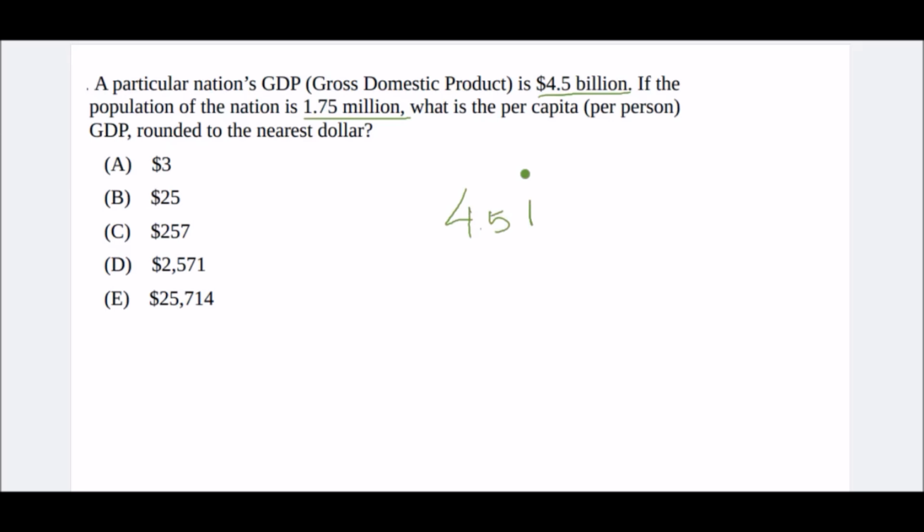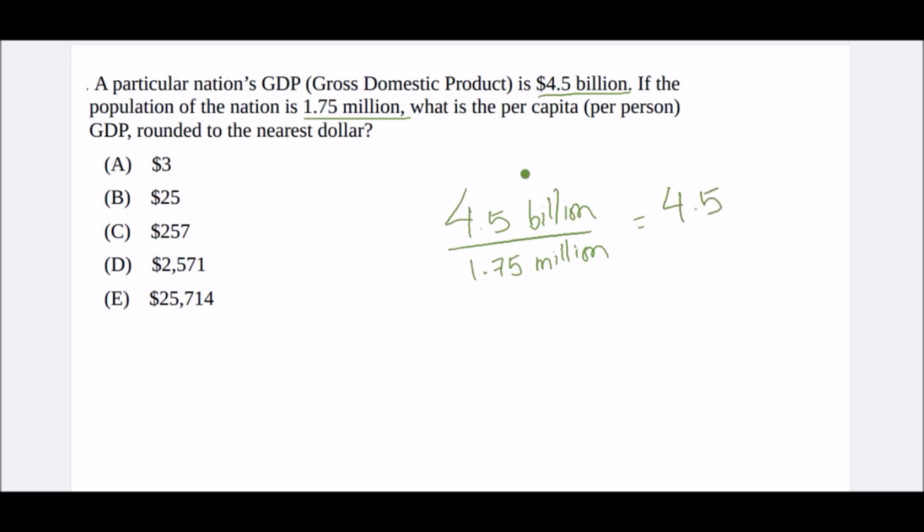4.5 billion divided by 1.75 million. So make the unit of numerator and denominator the same.